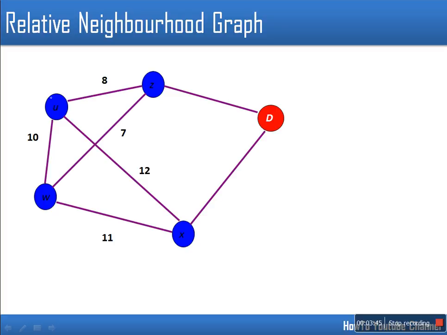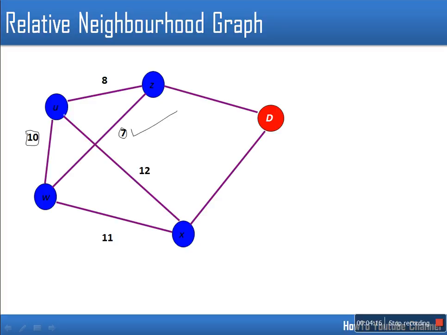We have only one node u which is connected to w and z, both of them, and this u is closer to z, and the distance between w and u is higher than this one. So we will take the higher distance, and now we will compare the distance of zw with this one. So 7 is less than 10. In that case, this edge will exist.